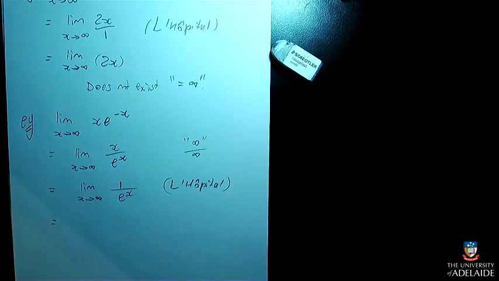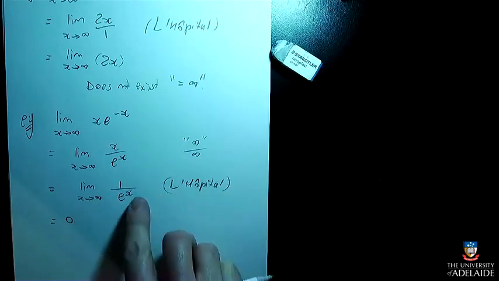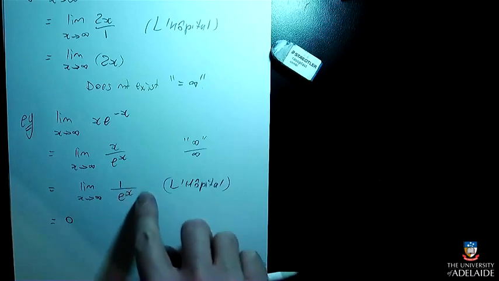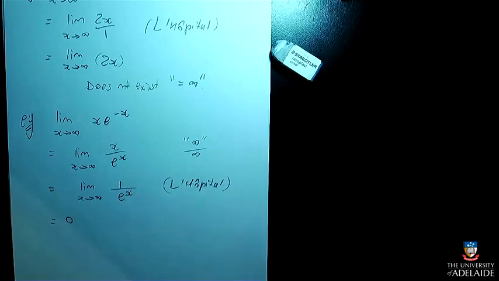And 1 over infinity is always 0, basically. Because e to the x goes to infinity when x goes to infinity. So you're allowed to just say that.